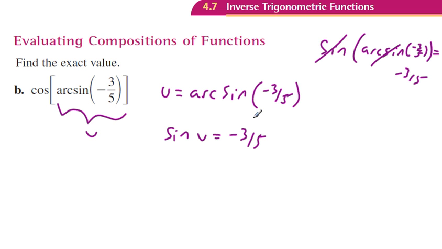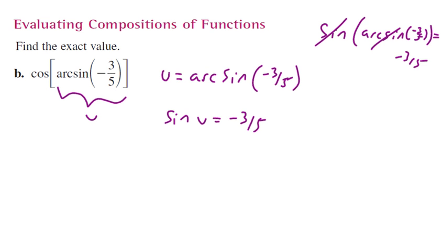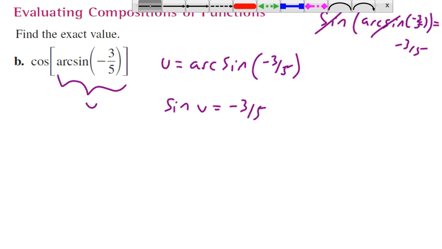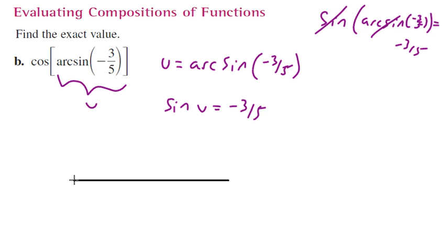Now let's create a triangle. Sine of u equals negative 3/5, so this is going to be in the fourth quadrant. I'm going to make a right triangle here, going down and going like this.